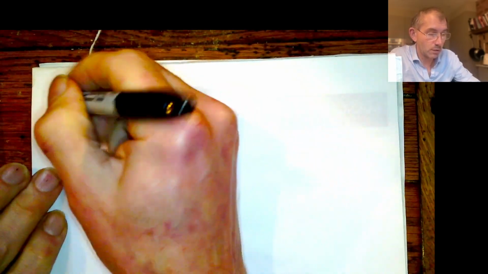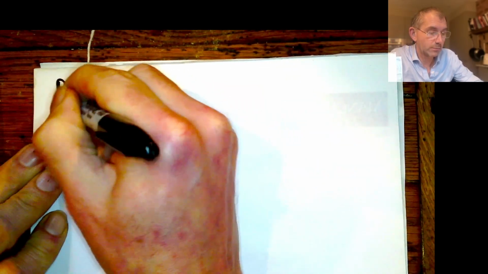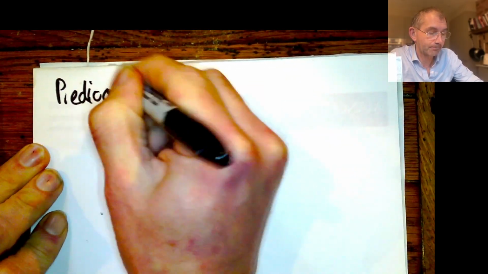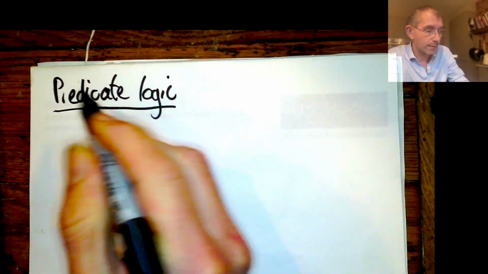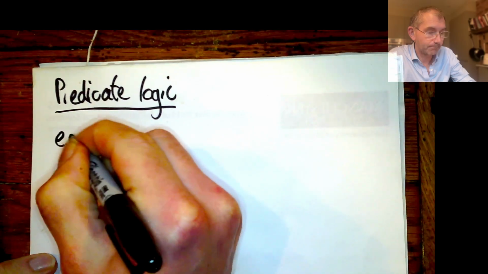So one of the things that we all know very well is when you can find solutions to quadratic equations. So what is a quadratic equation going to look like generally? So I'll just write predicate logic here. And then I will immediately go and give an example.